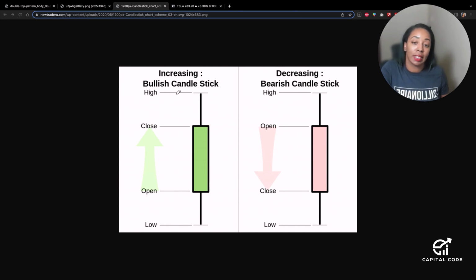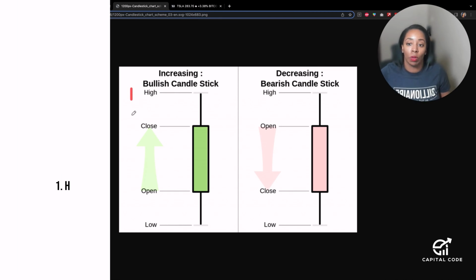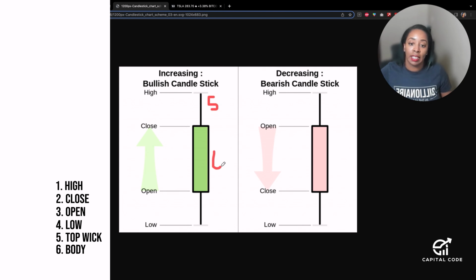So as you can see already, this candlestick has given you 1, 2, 3, 4 pieces of info right here. And then it also gives you 5, 6, 7 pieces, because we have the top wick, we have the body, and then we have the bottom wick.